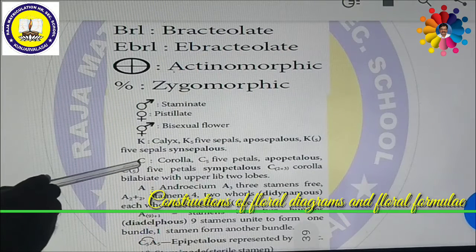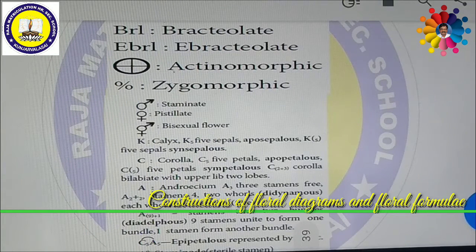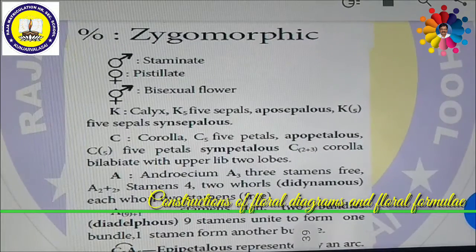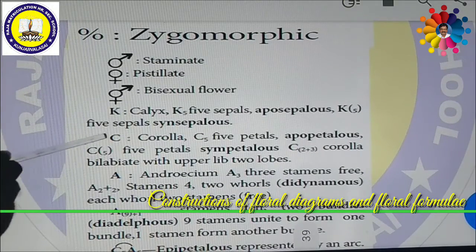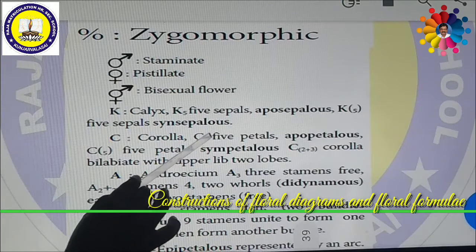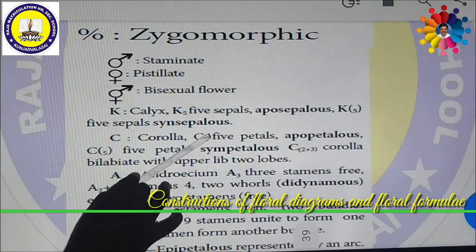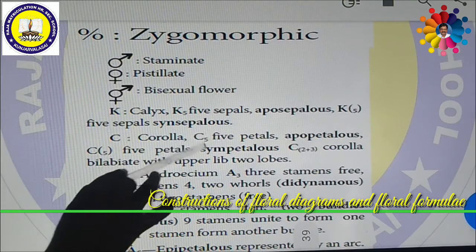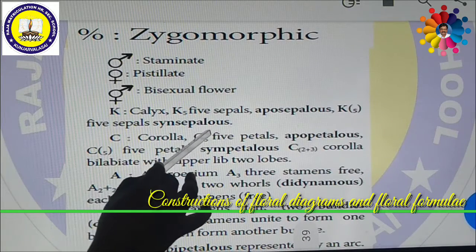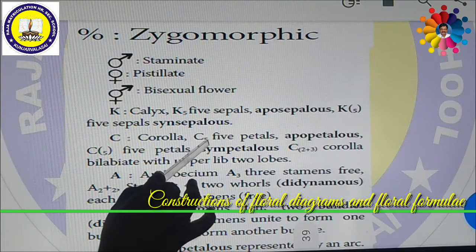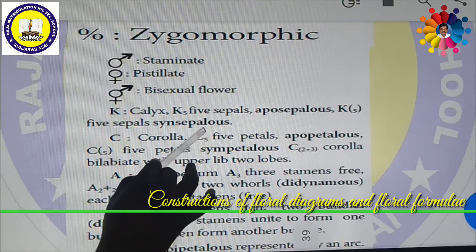Then the next colored part is called corolla. The corolla is represented by C. Suppose 5 petals are there; it is represented by 5. If all the 5 are free, it is represented as C5, with no bracket. Suppose the petals are fused together, that is sympetalous, then there should be a bracket.